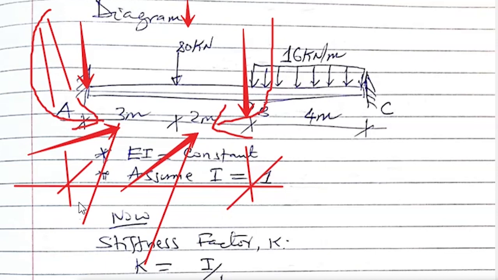This way you get the fixed end moment between A to B and the fixed end moment between B to A.